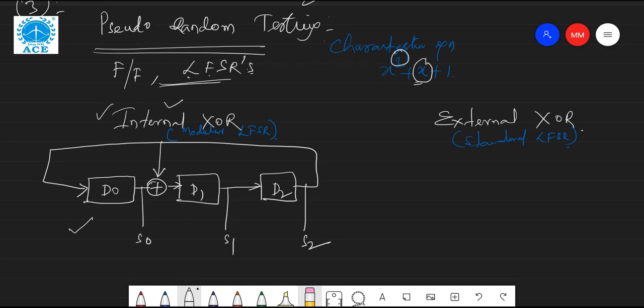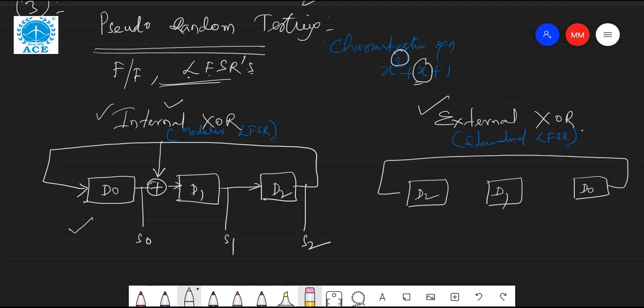This is called random testing. XOR operation generally indicates a random operation, right? Now for the same one, if I draw it, it's simply reverse, because external means we need to take from the output level. So we have three flip-flops, but the order will be D0, D1, D2. Again it consists of an XOR operation.